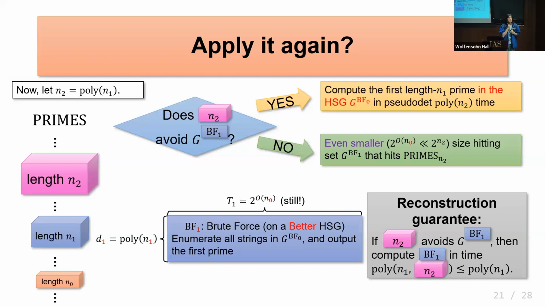Can I think about this differently, instead of looking at this yes/no dichotomy? Saying if BF0 has a uniform fast algorithm, then I'm done. Otherwise, I can use it to build a generator G of BF0, and that's my generator for the next round. Either that has a uniform algorithm, and then I'm done, or I get a generator for the second round.